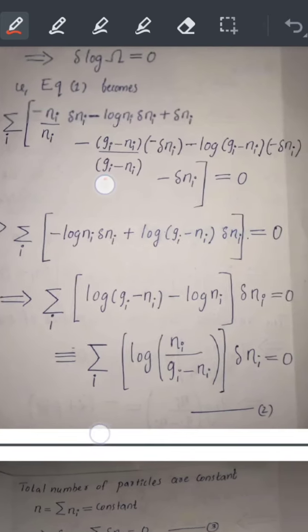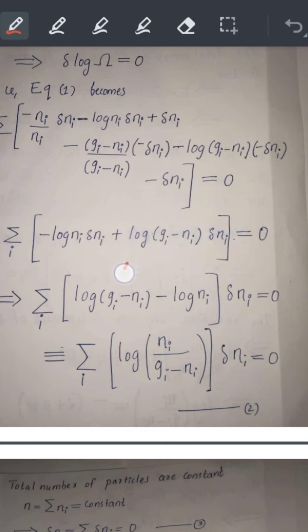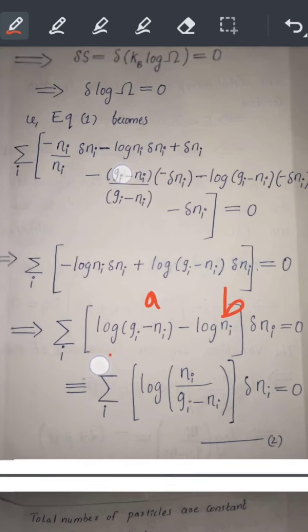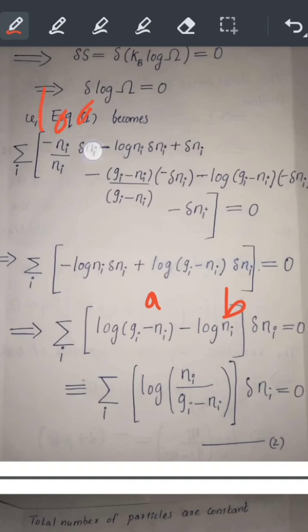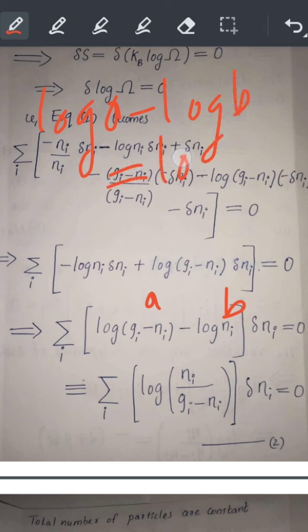So this is in fact, you can see this as log a and this as log b. So you know that log a minus log b is equal to log a by b, but actually here it is written as log b by a. Why?